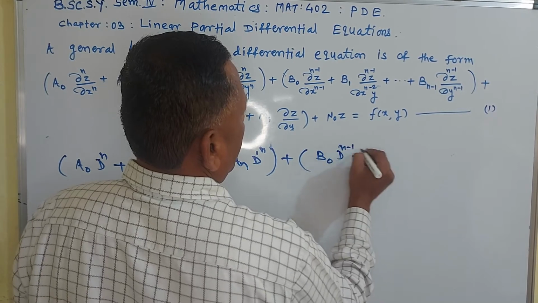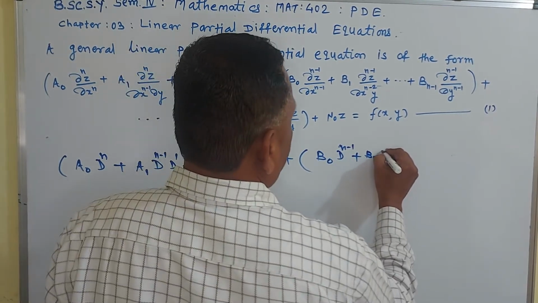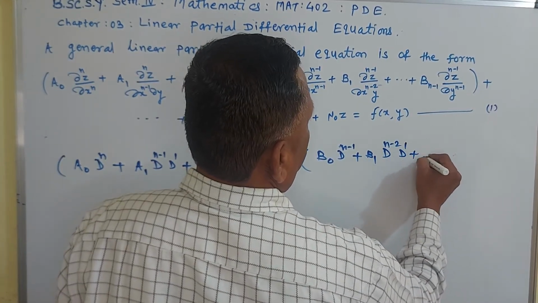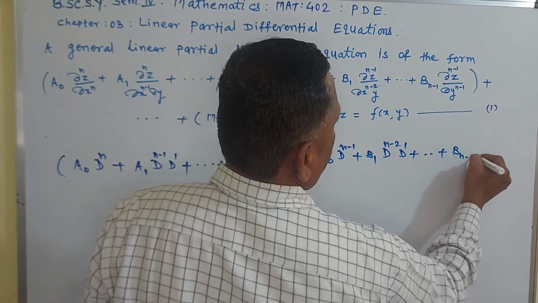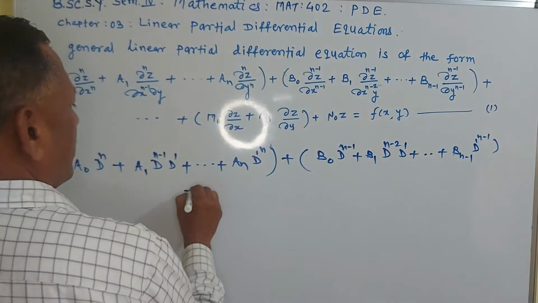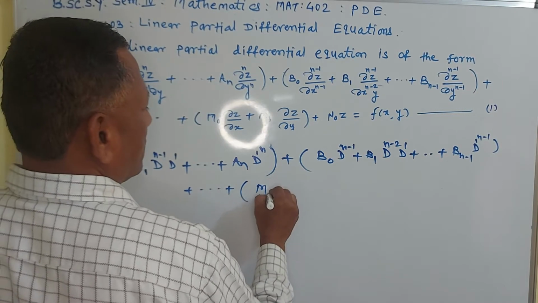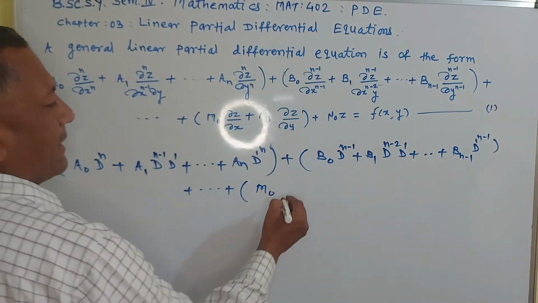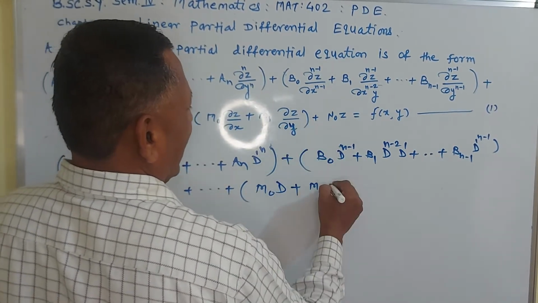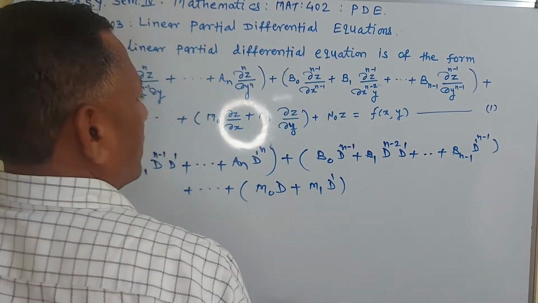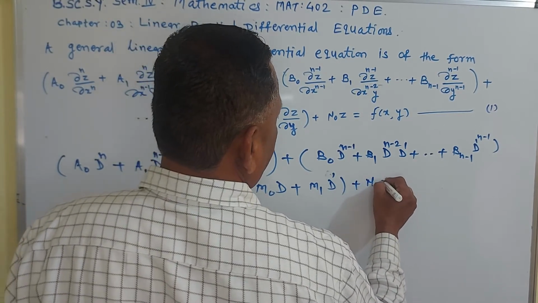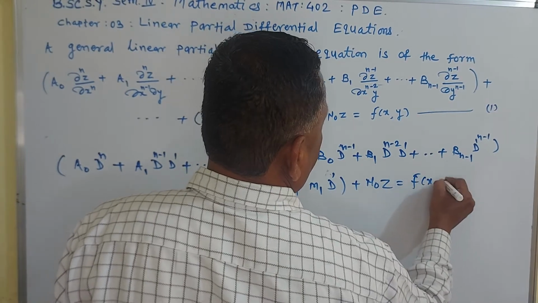Plus b1 into D raised to n minus 2 into D dash plus up to bn-1 into D dash raised to n minus 1, then plus m0 into ∂z by ∂x, means D, plus m1 into D dash, plus n0 into z is equal to f of xy.